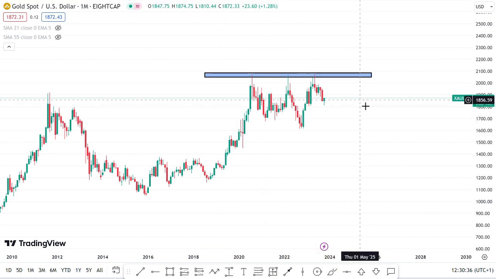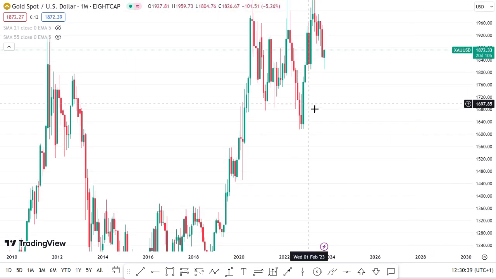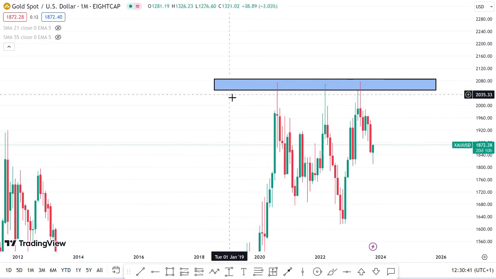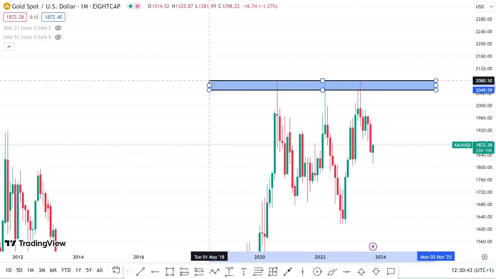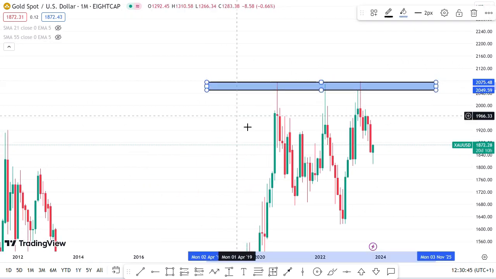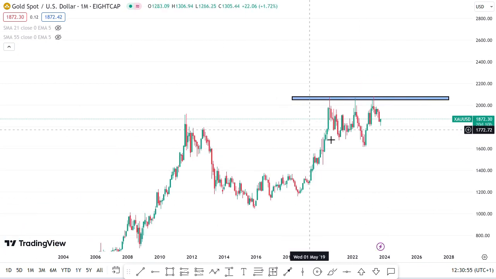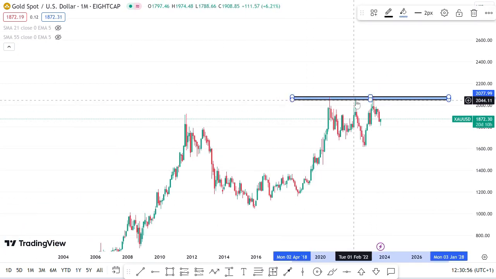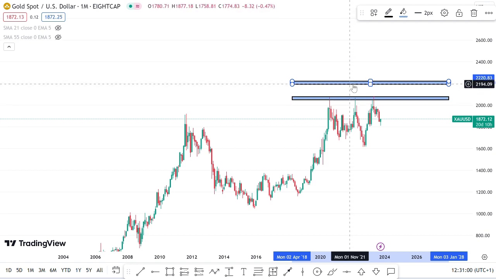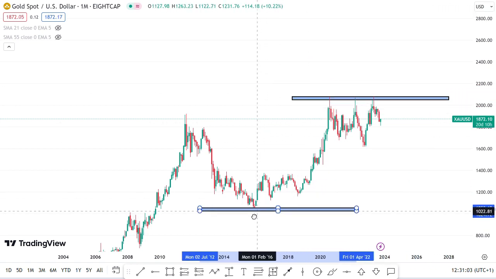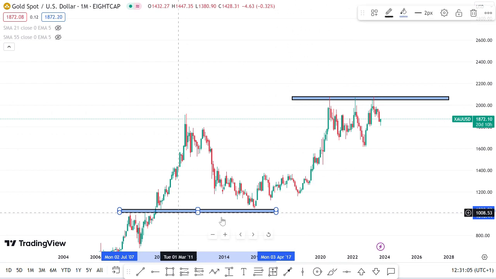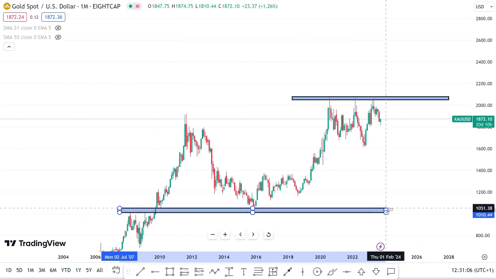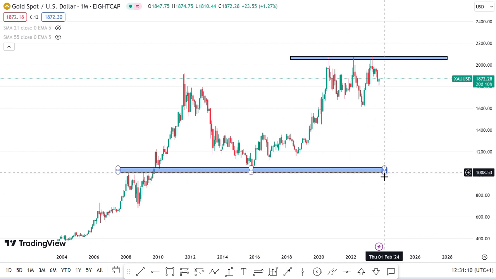Okay, so I'll be making use of blue color for my major zones or major key levels. I'll draw out another zone. I'll copy this and paste so that it will be easier. So somewhere here, notice what happened here.